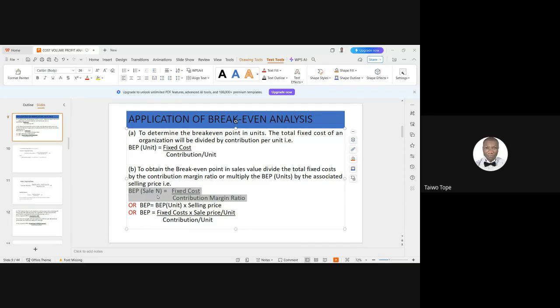So to get your contribution margin ratio, what will you do? 30 million divided by 90 million. We have 0.33333 till infinity.